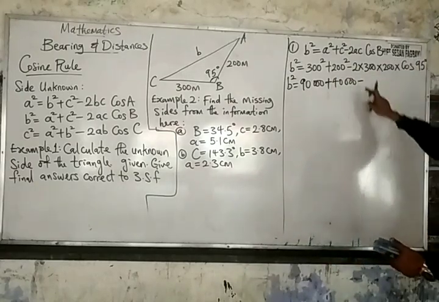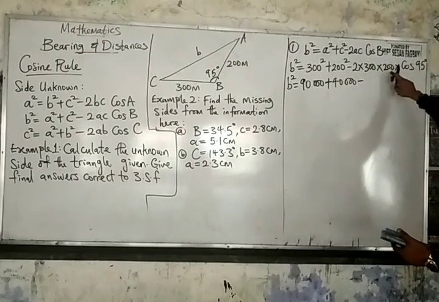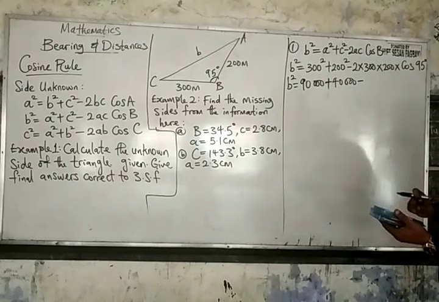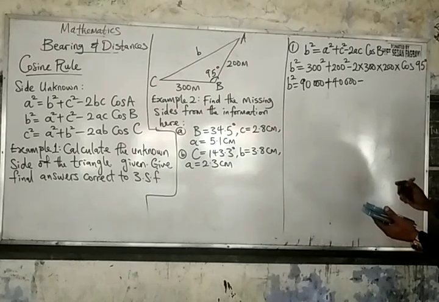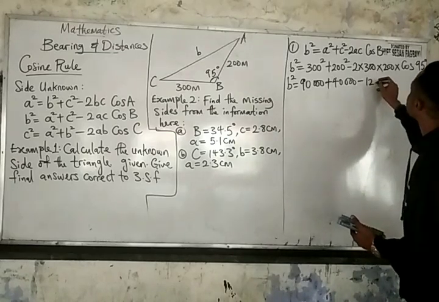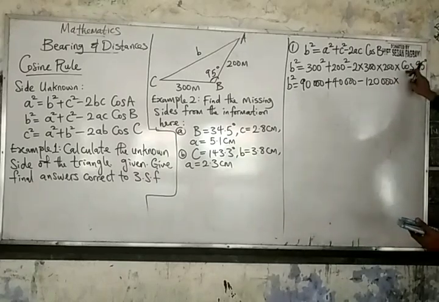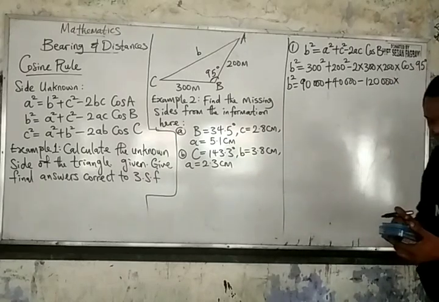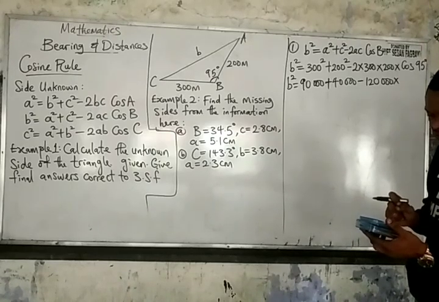Now, minus 2 multiplied by 300 multiplied by 200, so 2 multiplied by 200 multiplied by 300 results in 120,000 multiplied by cos 95.